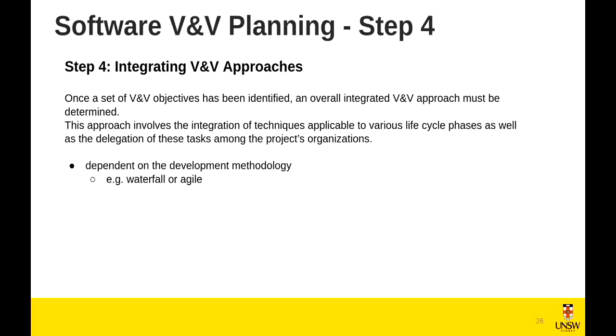Once we have identified the goals or the objectives of verification and validation, and once we have selected the correct techniques to use, and once we have clarified the responsibilities of different parties, we need to combine them together. We need to construct a more concrete plan, combining those goals, techniques, and responsibilities. And this is called integrating.